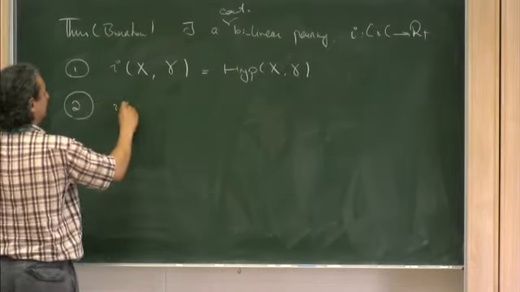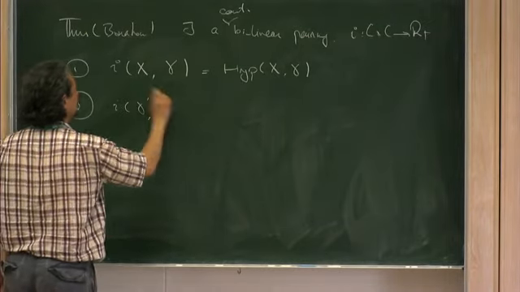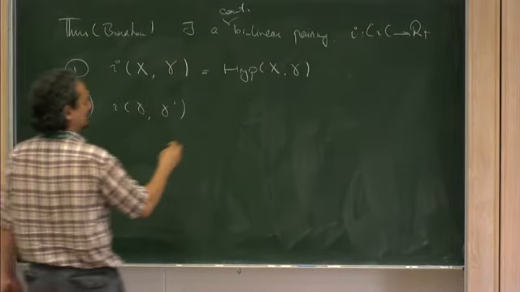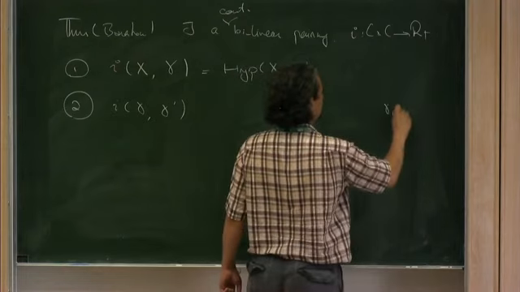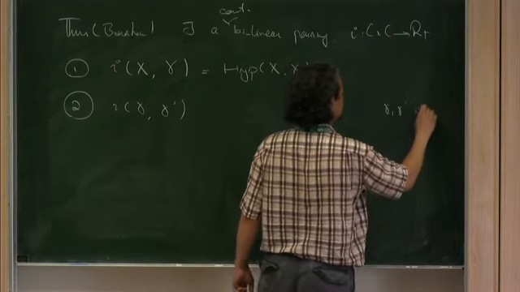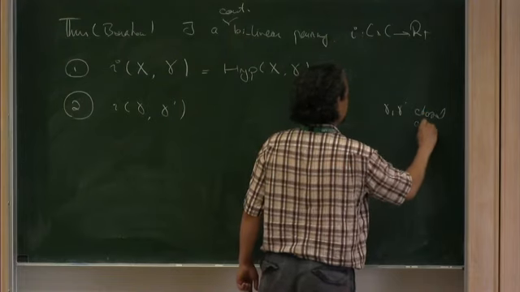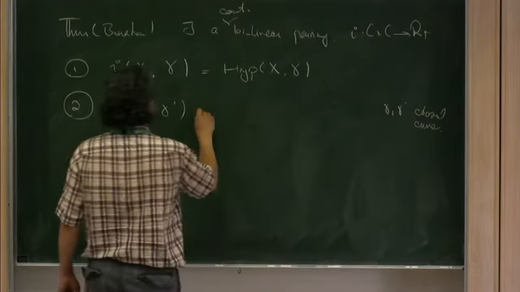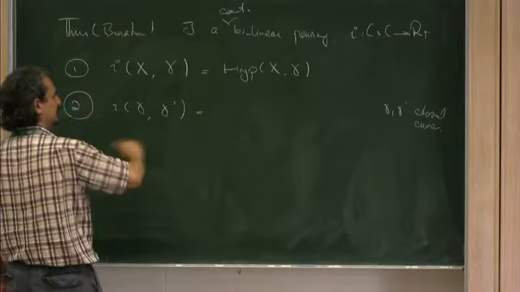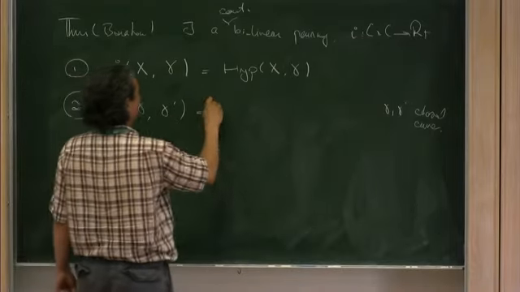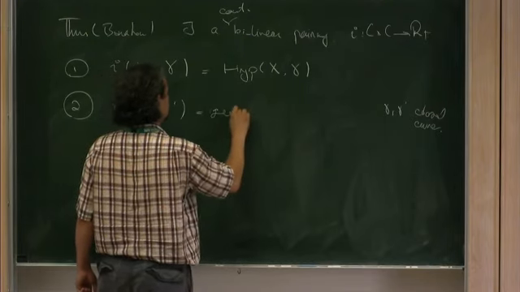If I pick 2 curves, gamma and gamma prime, here gamma and gamma prime are closed curves, then this pairing, that's the reason for the definition of it, is the geometric intersection number.